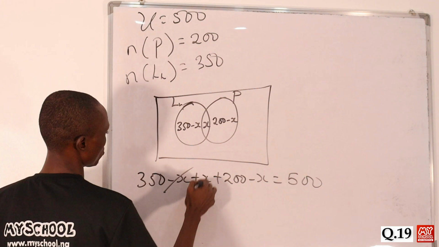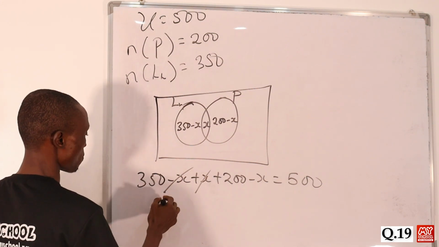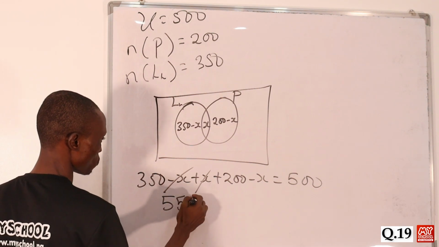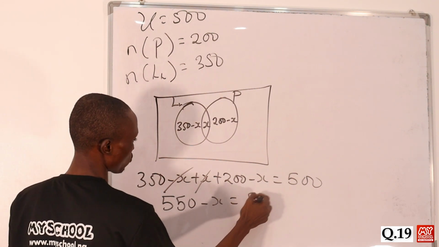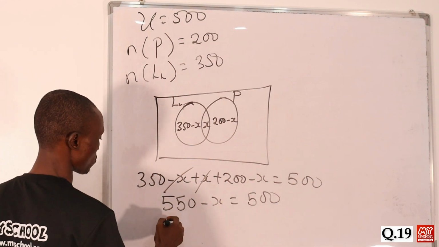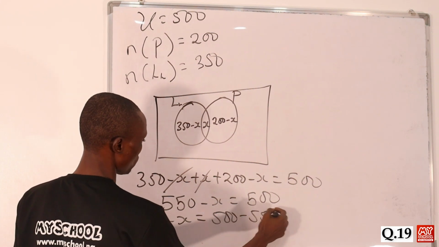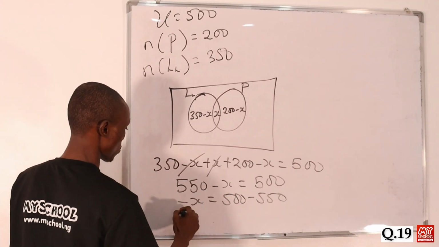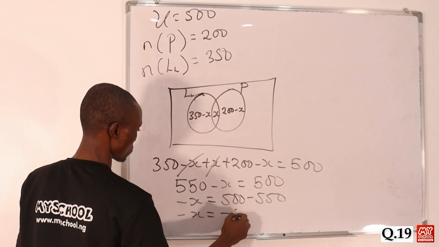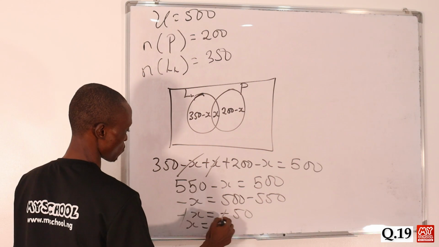Okay, so minus x plus x we cancel out, so that we'll be having 550 minus x is equals to 500, right? Then if we move 550 to the other side, we're having minus x is equals to 500 minus 550, and that will be equals to minus x now becomes minus 50. So minus cancels out minus 50, so that x is equals to 50.